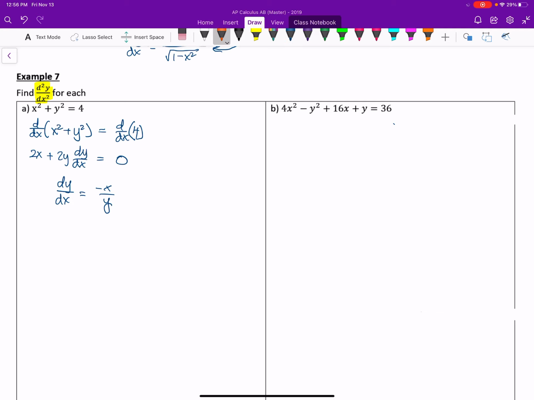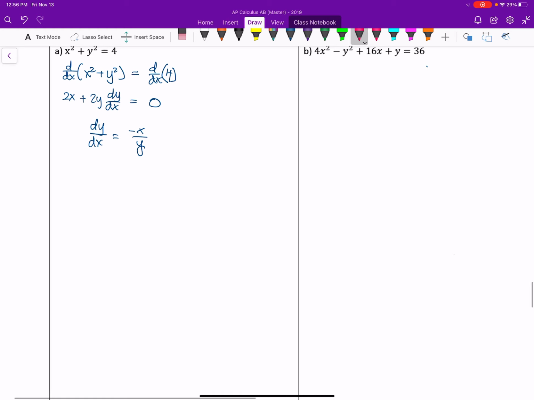So now to find the second derivative, you just take the derivative of the first derivative. So with respect to x, I'm going to differentiate both sides. So in our case on the left, we get the second derivative, which is what we wanted.